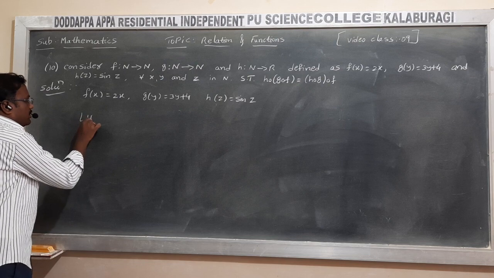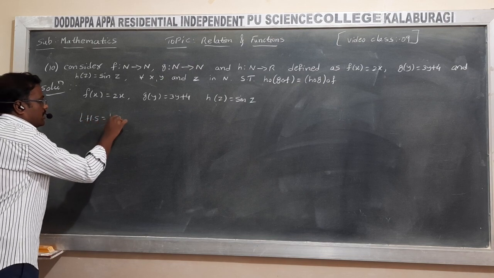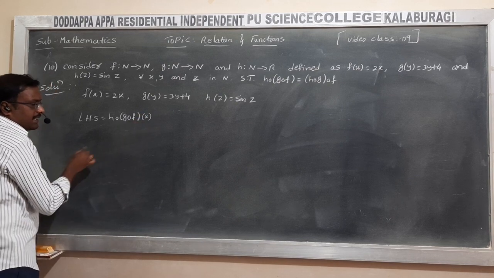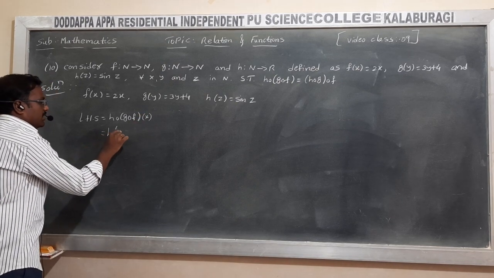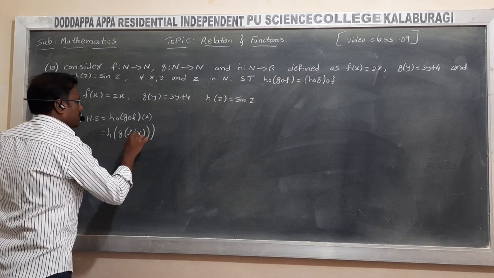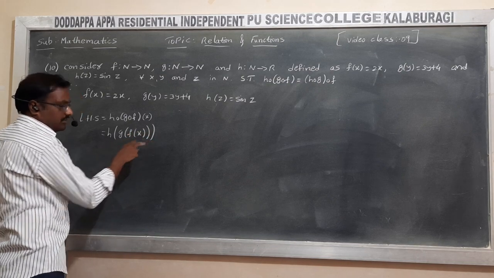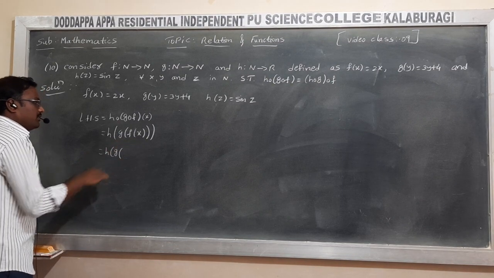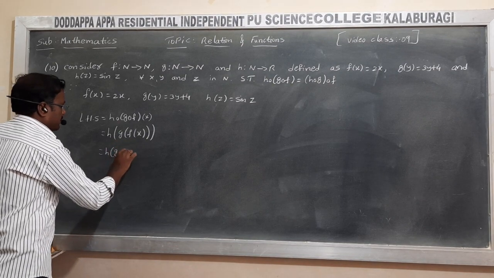So take first the LHS value, (h naught g) naught f, consider as x. So this can be read as h of g of f of x. Okay. So first of all, what about the f of x value? 2x.